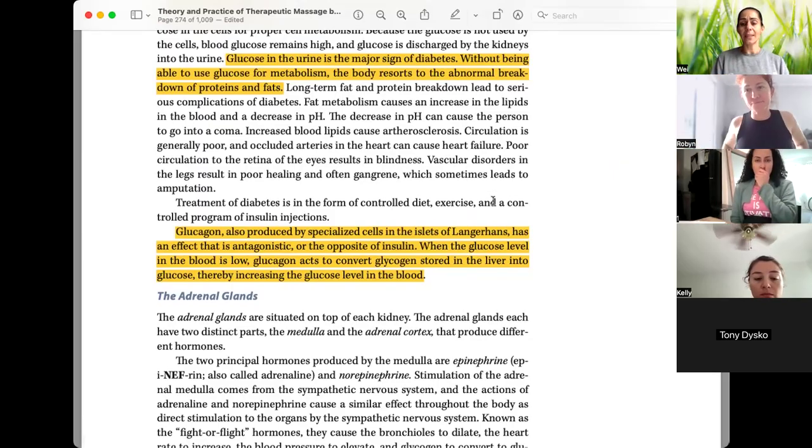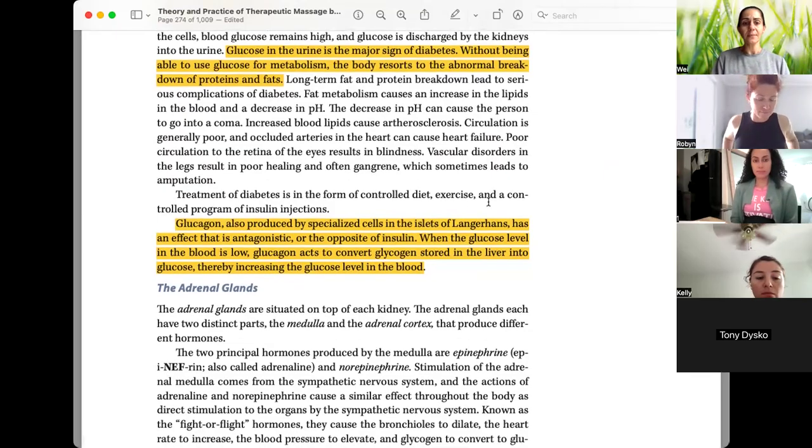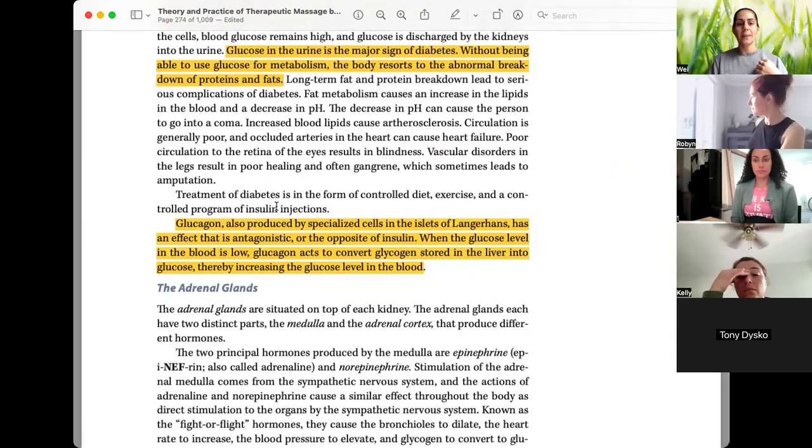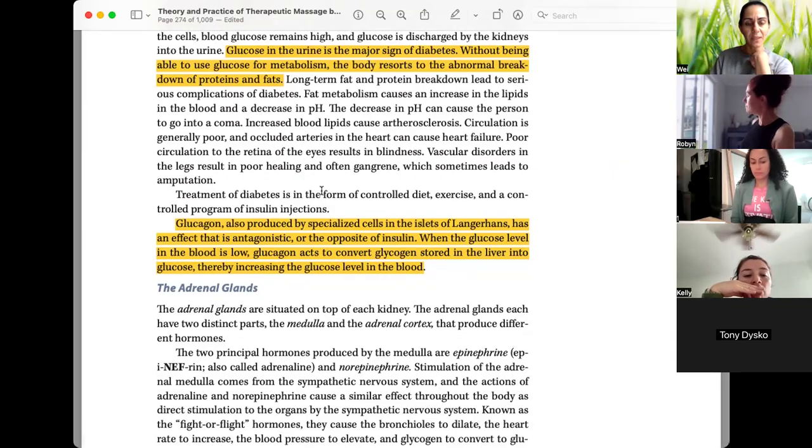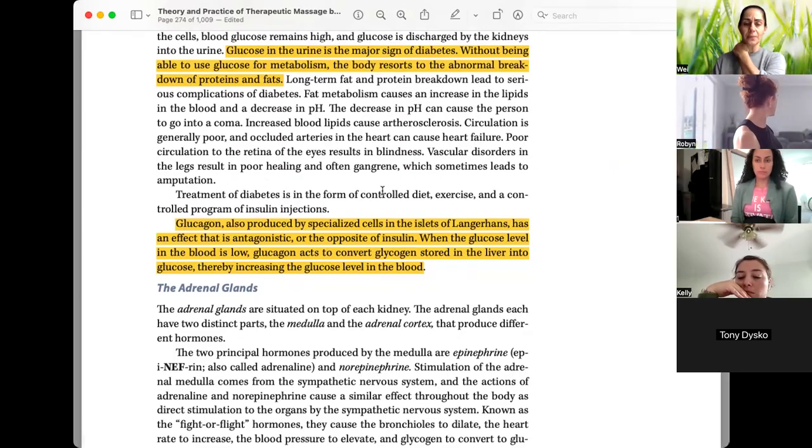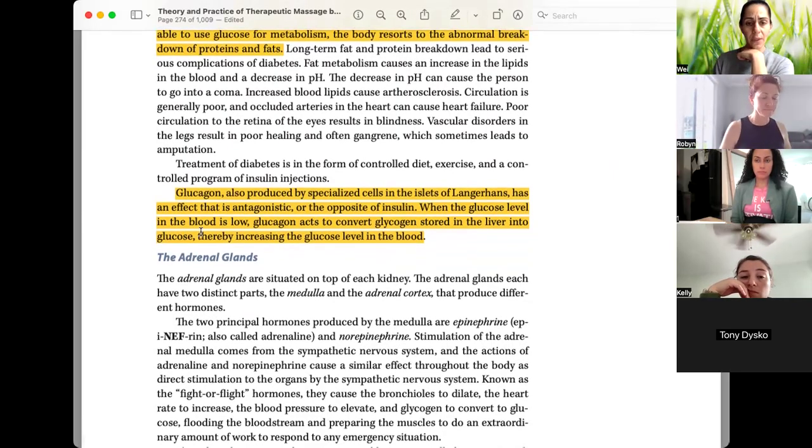Exercise is always great to regulate the body, strengthen the body in all ways. And some people have to take insulin injections or some sort of pills to regulate all of this. So yeah, diabetes is pretty sad. Could be genetic too, and stress induced and all that stuff.